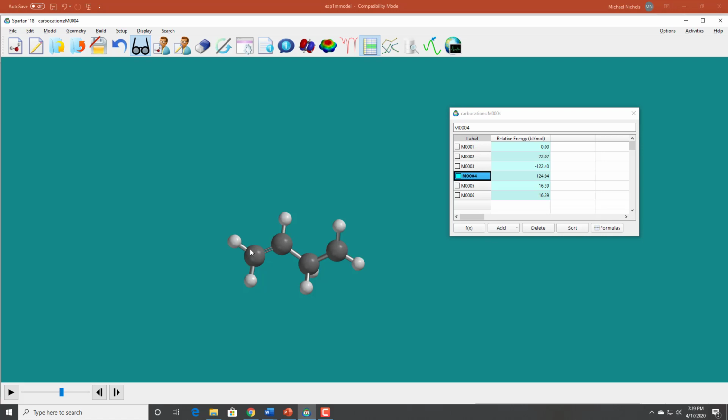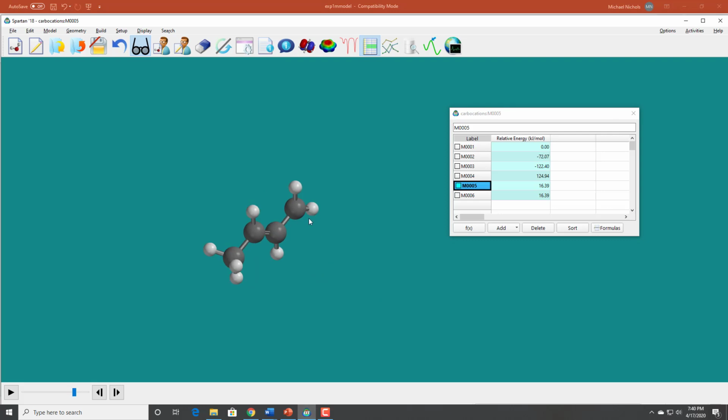So when I say that now the primary non-allylic one is at 124.94 kilojoules per mole, well, it's positive. It's very positive. So very unstable. But now let's look at the relative measure.